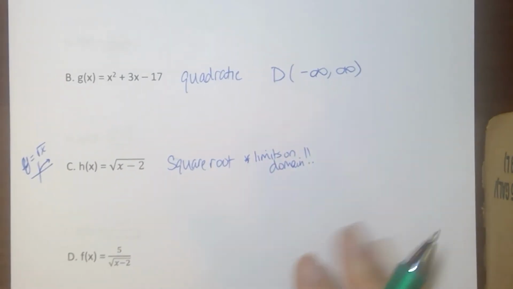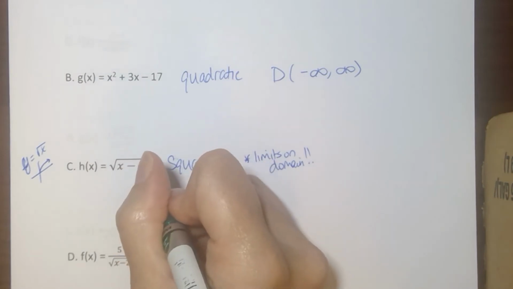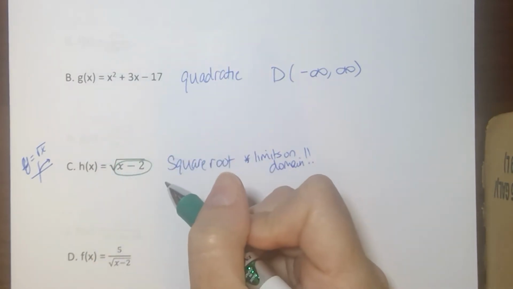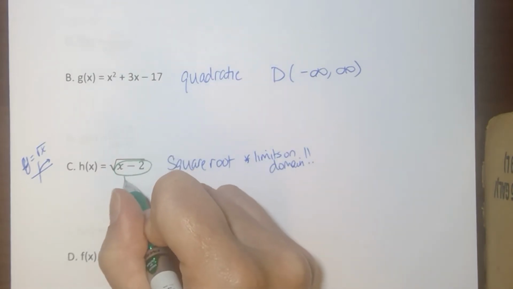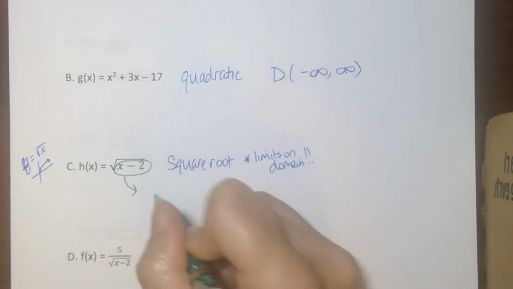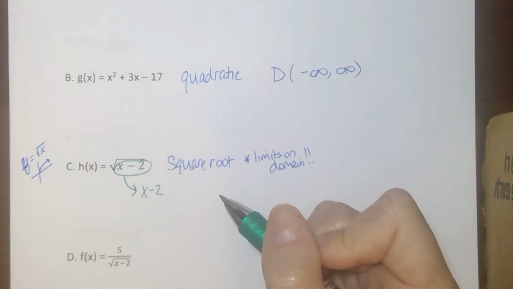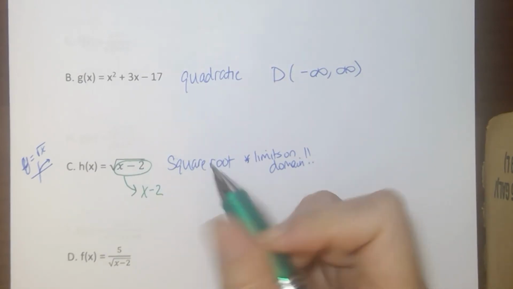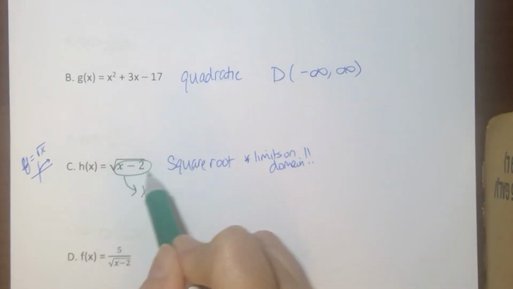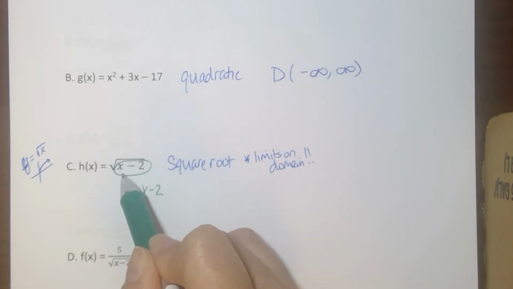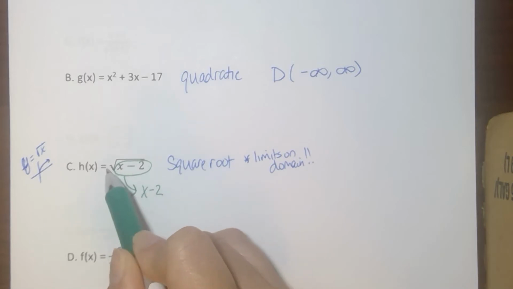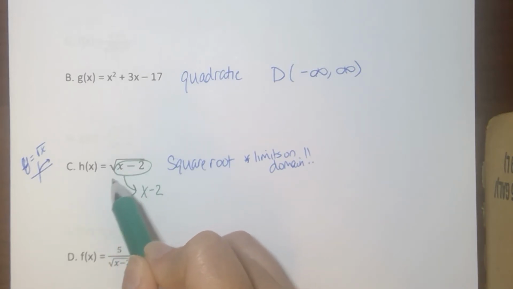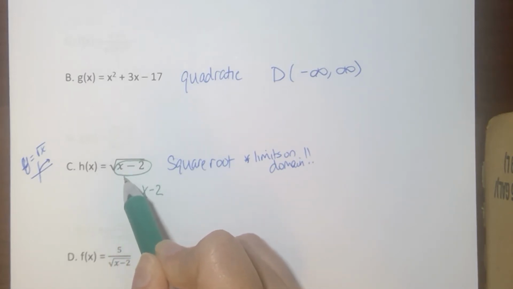Here's how we can figure out what the limits are on our domain. Look at the radicand, the expression underneath the radical. I'm going to take that radicand and I'm going to say, you know what? This needs to be not negative. Because if I simplify this, plug something in for x and simplify, and it comes out to be negative, I have the square root of a negative number, and the square root of a negative number is imaginary.